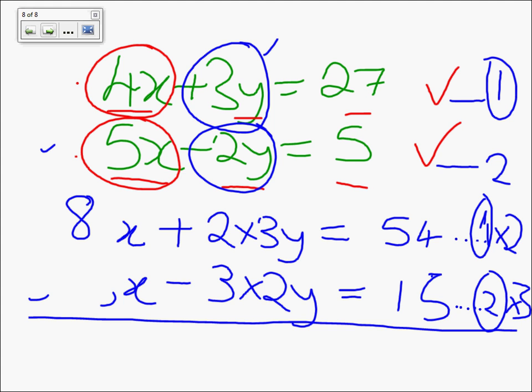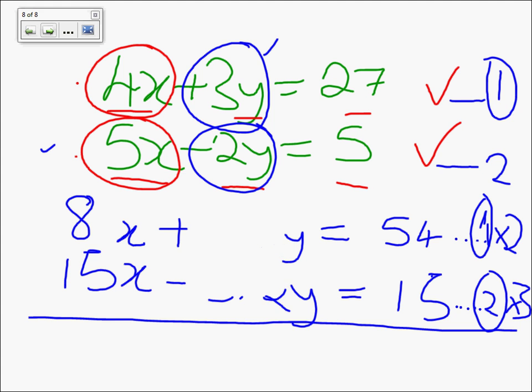And 2 times 3 is 6, and there we also change it. So it is 6.